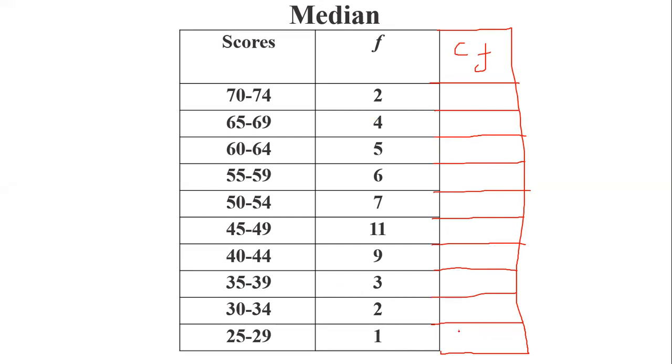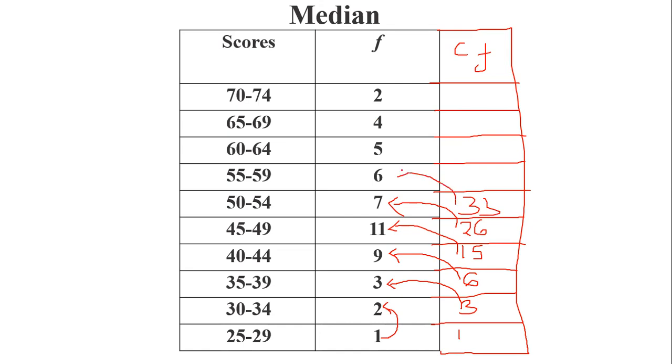So we have 1, and this one we add to the one that follows, so we have 1 plus 2 is 3. This 3 we add to the number that follows, and we get 6. This 6 we add to the next number, we get 15. 15 added to the next number, we get 26. 26 added to the next, you get 33.